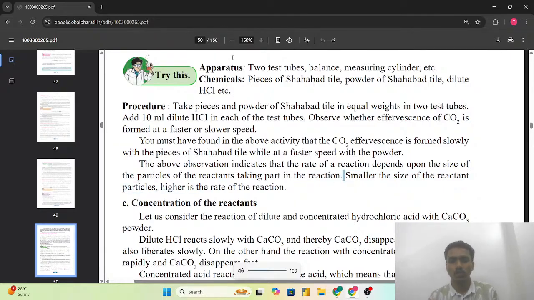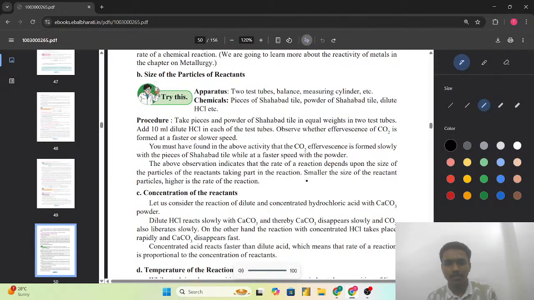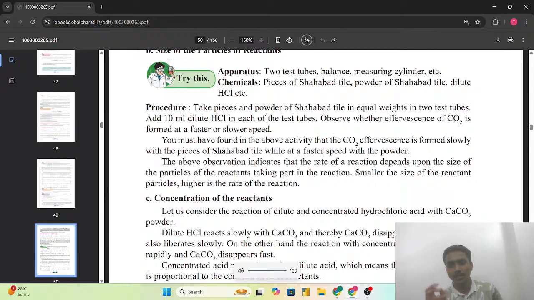This is again an important thing, as it is basically asked in the activity part in the exam: the smaller the size of the reactant particles, the higher the rate of the reaction. So this is the thing to remember. If we take the Shahabad tile as a whole piece, it will obviously take more time for the completion of the reaction and the release of CO2 effervescence.